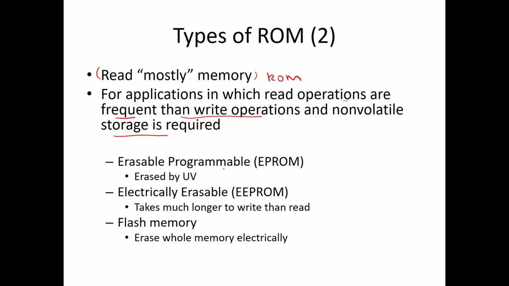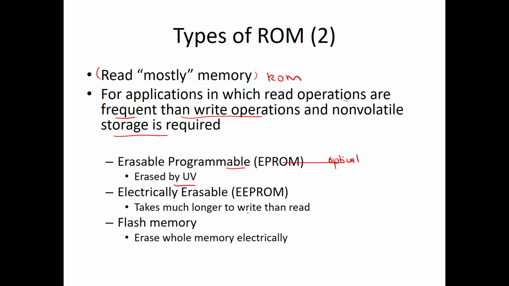The first is EPROM, erasable programmable ROM. For EPROM, it is written electrically, as with PROM. However, before a write operation, all the storage cells must be erased to the same initial state by exposure of the packaged chip to ultraviolet radiation.